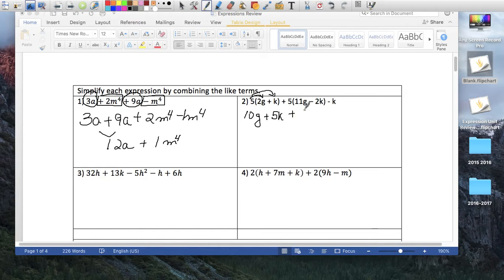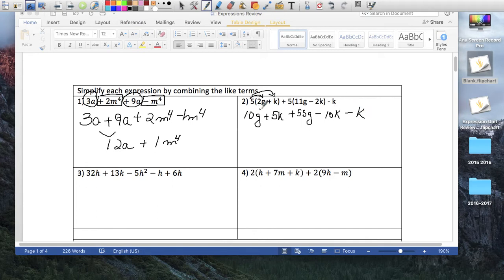Plus 5 times 11g's will give me 55g's. Careful, now it's a minus sign. And 5 times 2k will give me 10k. This last k over here, I'll just copy, including the minus sign.